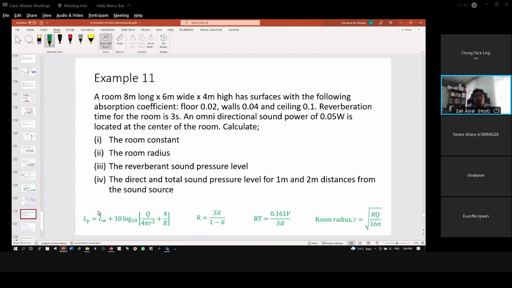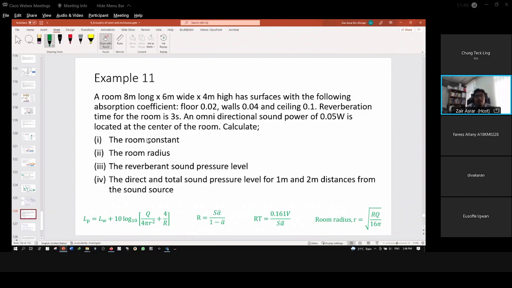So for example, if you have a room with dimensions of 8 meters long, 6 meters wide, and 4 meters high, and this room has surfaces with the following absorption coefficients: floor alpha equals 0.02, wall 0.04, and ceiling 0.1, and we are told that the RT for the room is 3 seconds. If you have an omnidirectional sound power of 0.05 watt at the center of the room, what will be the room constant?